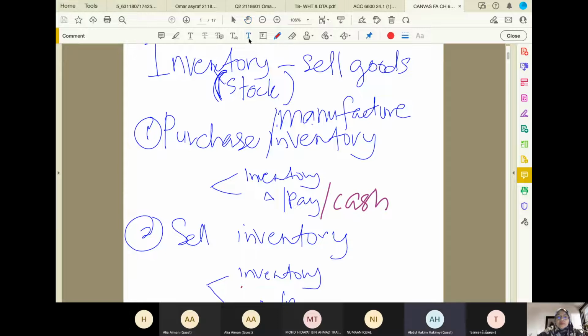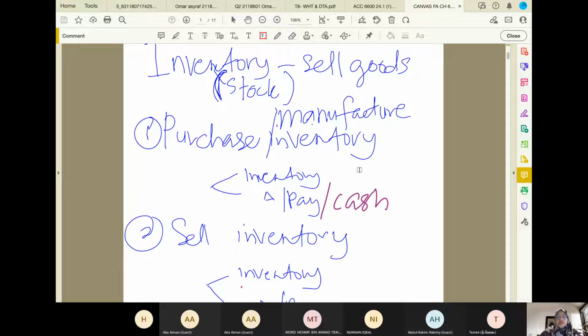Okay, in this case, if you purchase anything, there will be two cases. If you purchase by cash, inventory will be debited and cash will be credited. So you debit your inventory and credit your cash, or credit your accounts payable, if the case is we are paying later, which means it will be credited to the payables of the company.